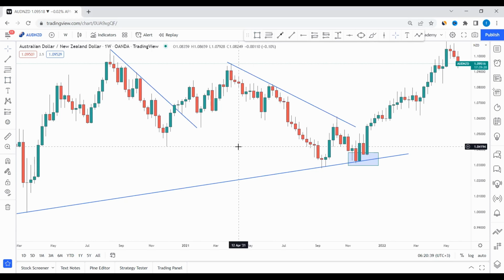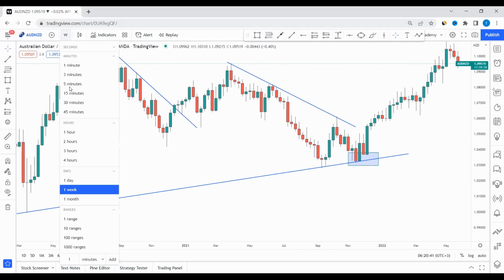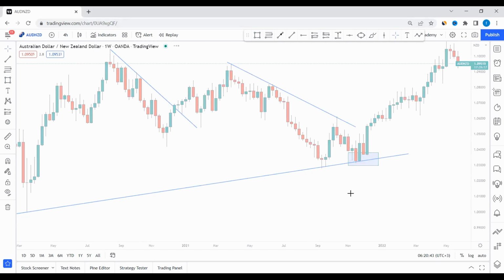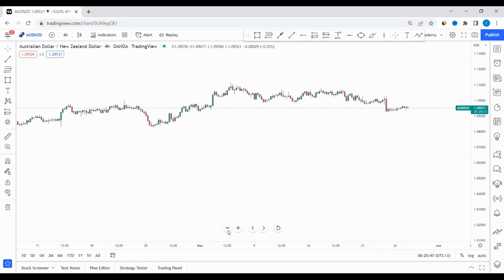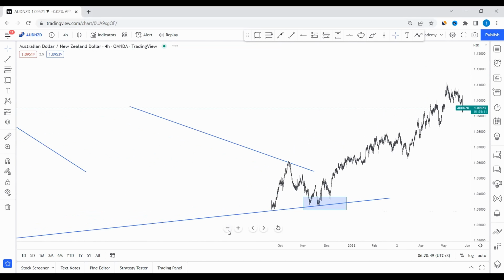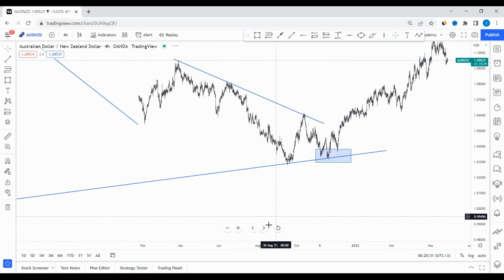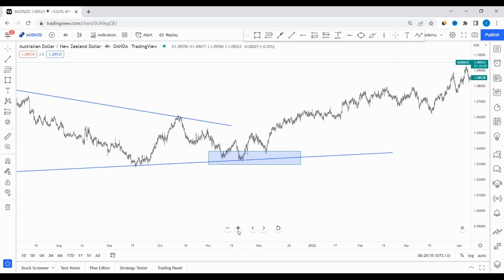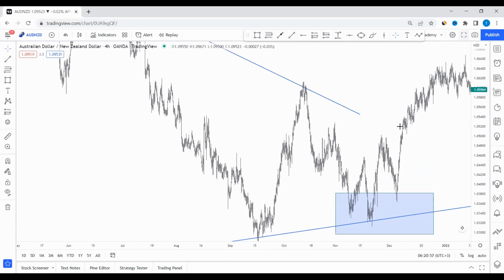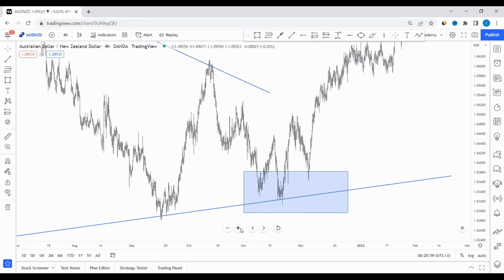Are we together? For example, if let's say I use my H4 to take trades, let me just zoom out to identify the area. Let's say here, if I use H4, when price comes into this area that we have identified, let me just zoom in.